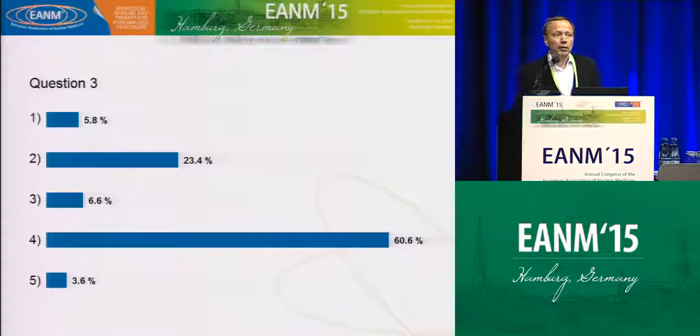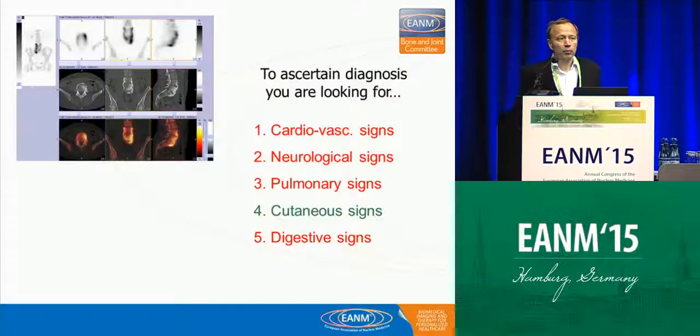Of course, it's the seventh step in the diagnostic process, when you find some bone and joint conditions which can be associated with dermatological lesions. You must have a look at the patient and ask the patient.